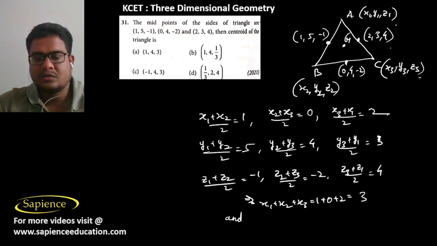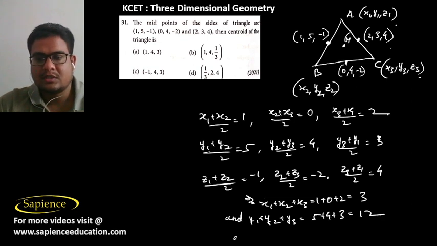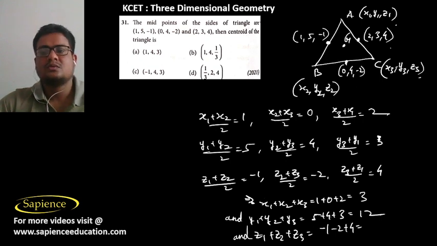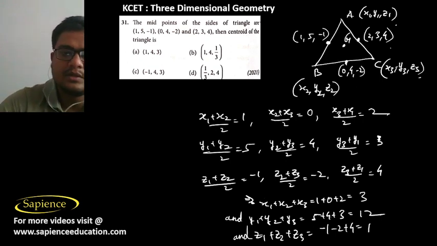And similarly, y1 plus y2 plus y3 is equal to 5 plus 4 plus 3, that is equal to 12. And also z1 plus z2 plus z3 will be equal to minus 1 minus 2 plus 4, that is equal to 1.